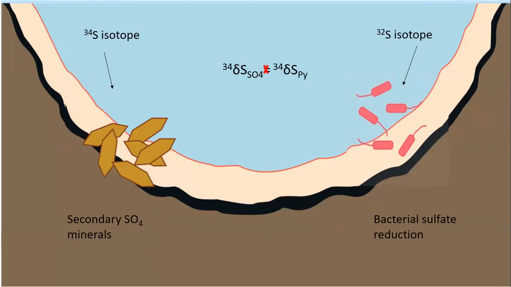And in this case, the degree of the fractionation should refer to the process that triggered the isotopic variation, and that will allow us to identify the controls on sulfate mobility in the mining environment.